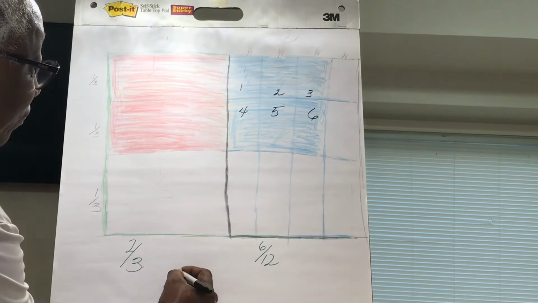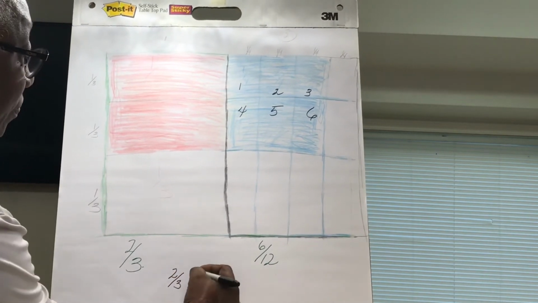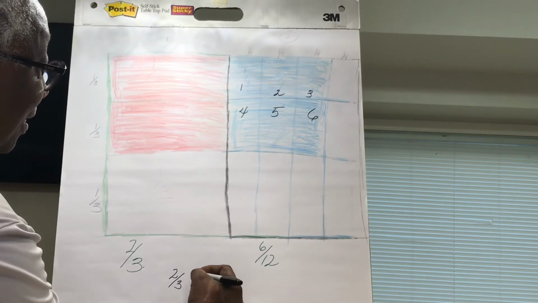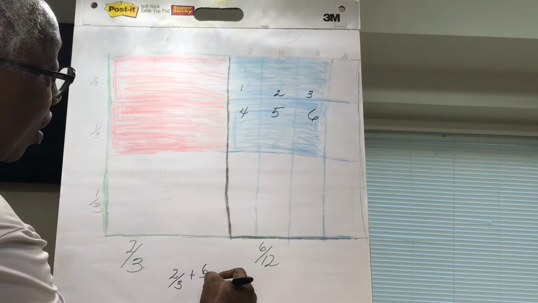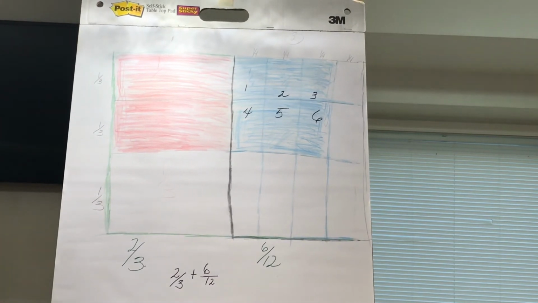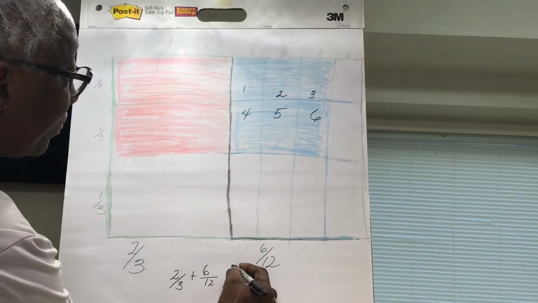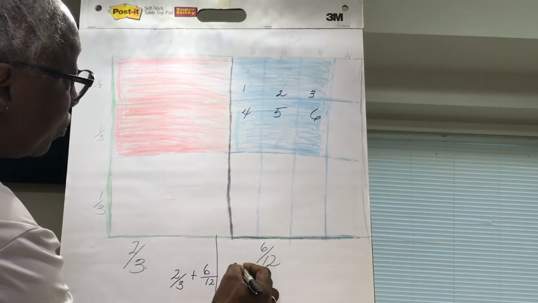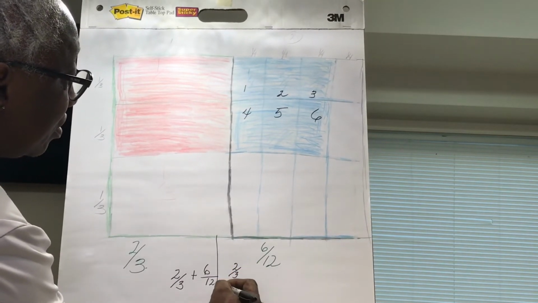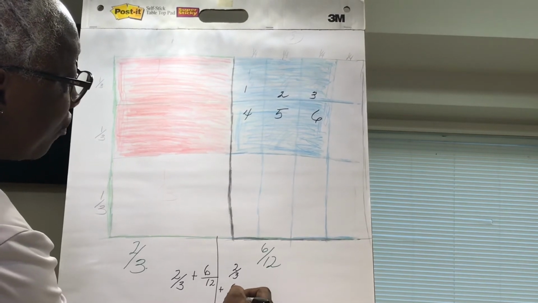So we have 2/3 plus 6/12, and we need a common denominator. So let's write it so that we can find that common denominator. 2/3 plus 6/12.